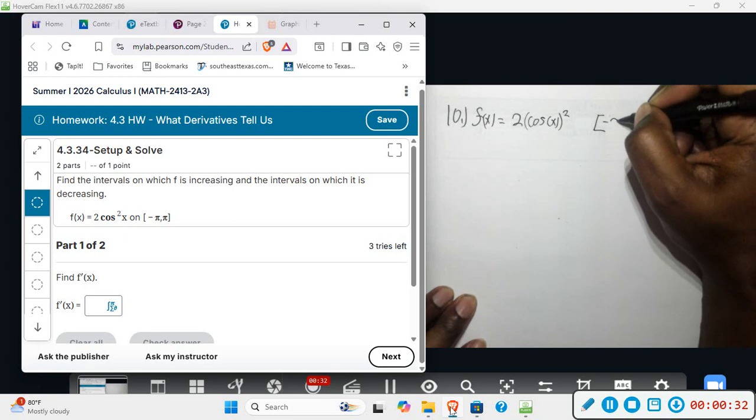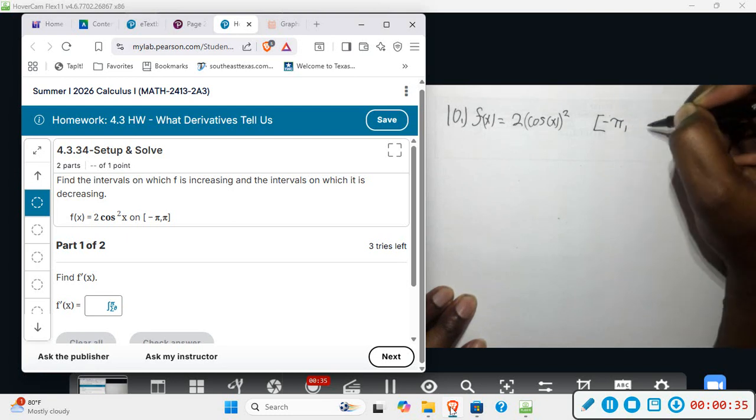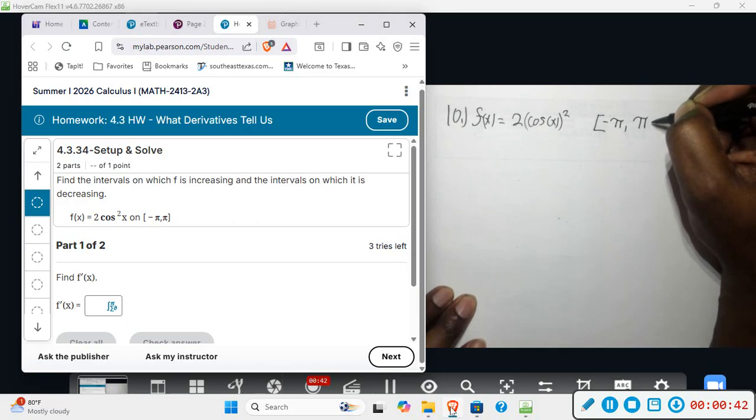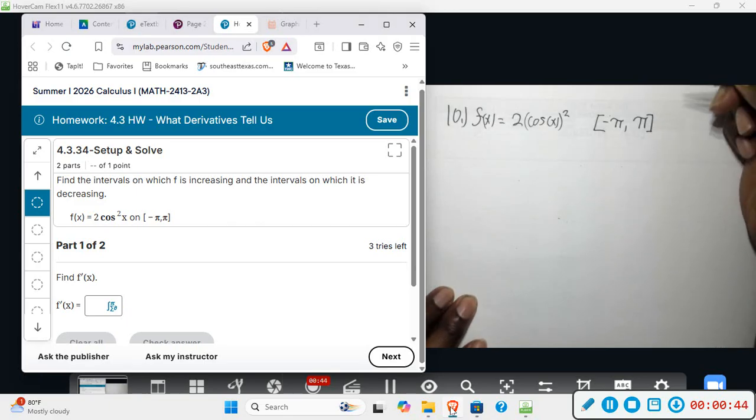negative pi to positive pi. All right, so on a unit circle, when you go positive, starting from 0, we will get these values over here to where we end up at pi.